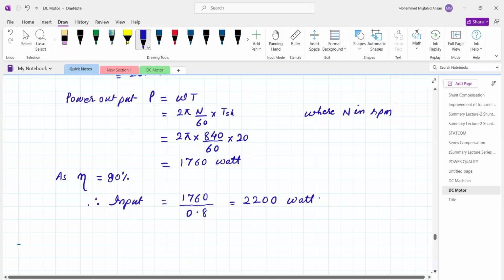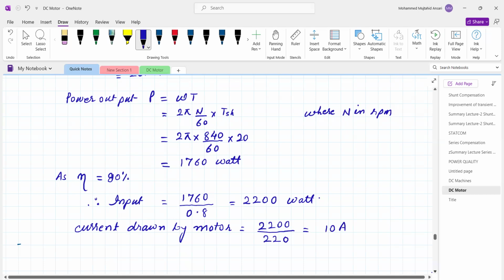Now, once the input is available, we can calculate the current drawn by the motor. Current drawn by the motor is equal to power input, 2200 watt, divided by the supply voltage 220, and the current drawn by the motor is 10 ampere.